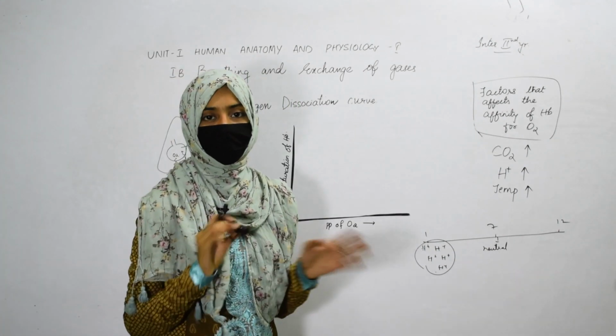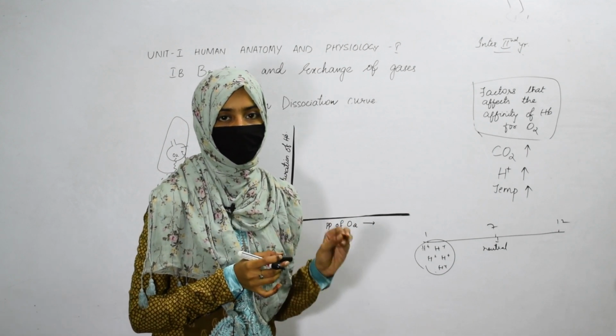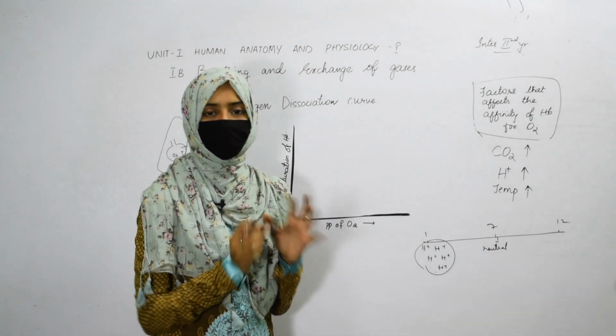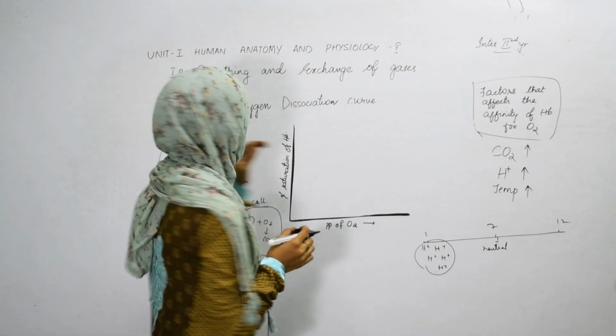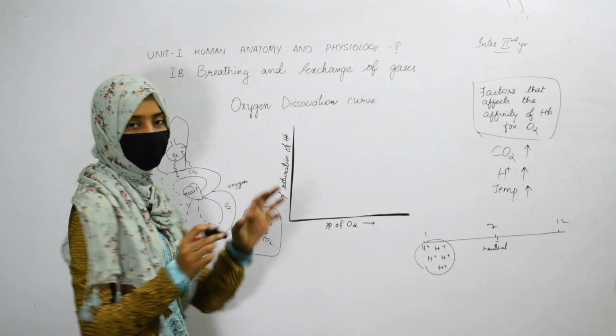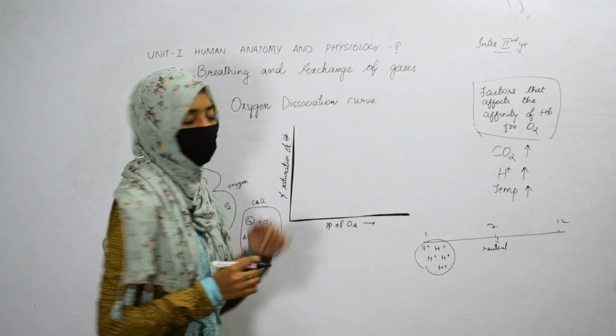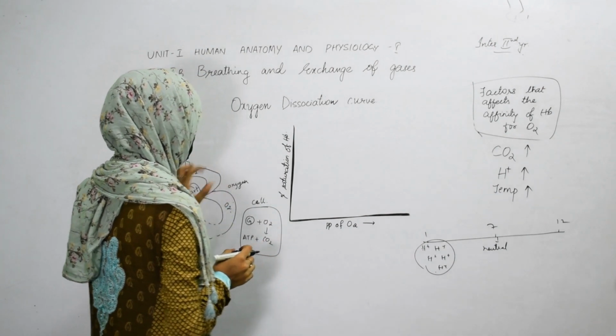Let us see the different curves that can be formed based on the binding of oxygen to the hemoglobin. Firstly, at normal conditions, when the oxygen from the alveoli is taken up by the blood, inside the blood red blood cells are present, and in the red blood cells hemoglobin is found. That hemoglobin binds to the oxygen.